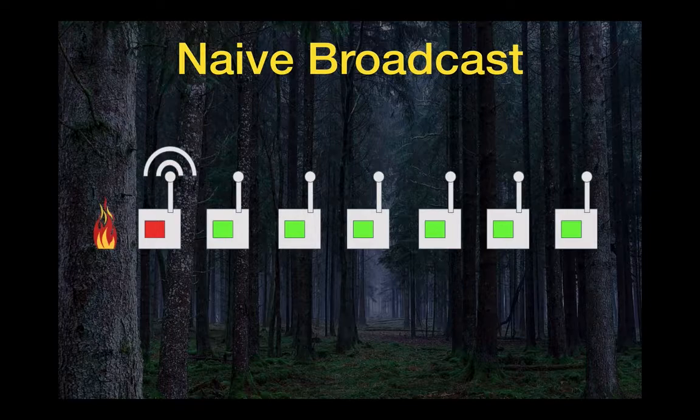So the way my broadcast protocol is going to work, it's just a naive breadth-first search. Everyone listens until one of their neighbors sends them a message, and we go boop, boop, boop, straight across. It's a nice linear time algorithm, very simple.